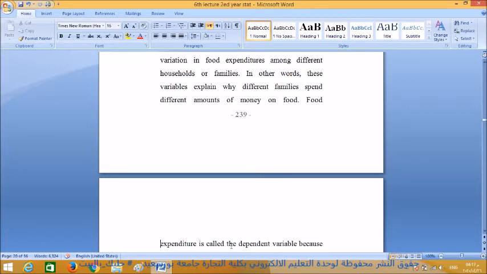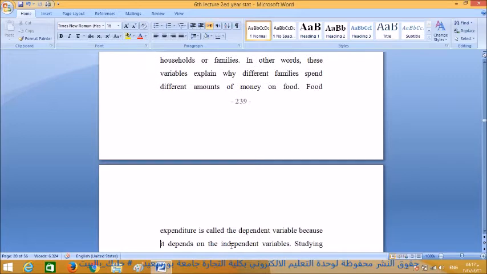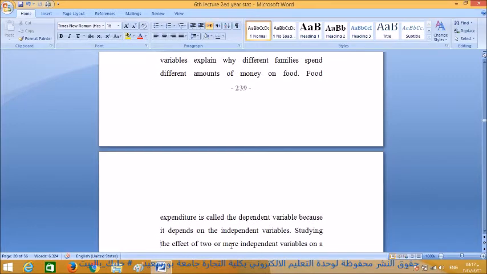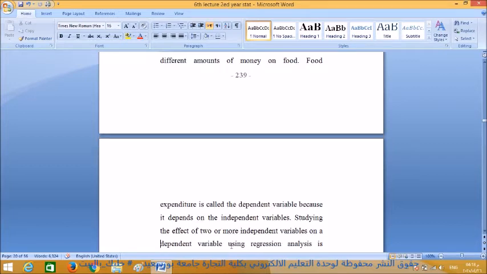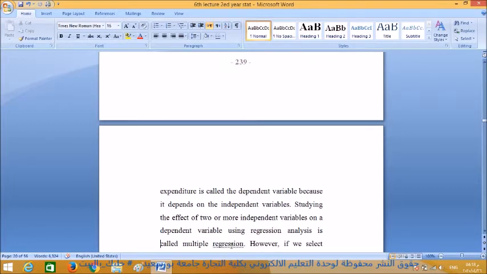Why is it called the dependent variable? Because it depends on the independent variables. Studying the effect of two or more independent variables on a dependent variable using regression analysis is called multiple regression.